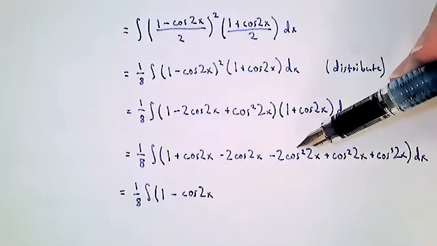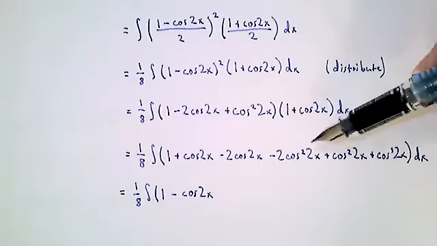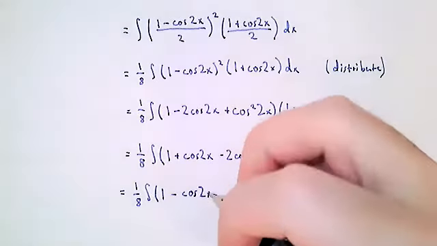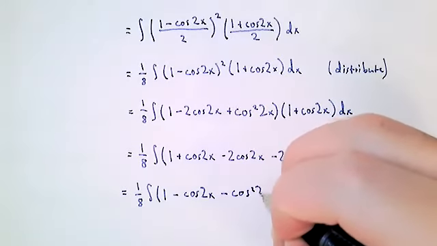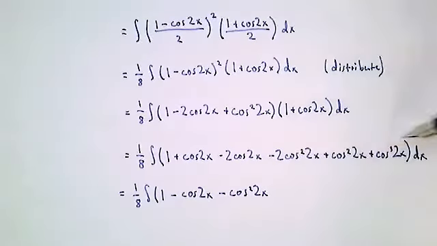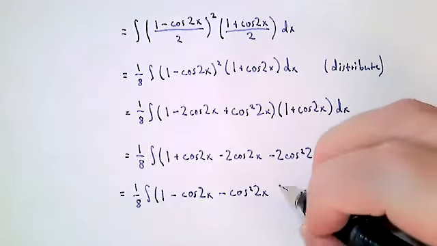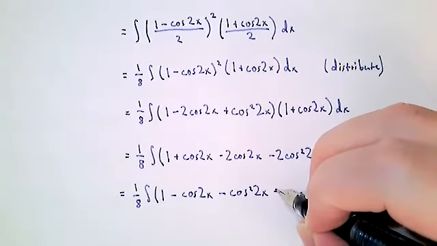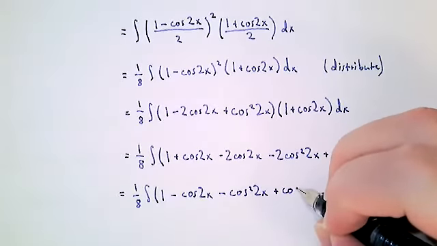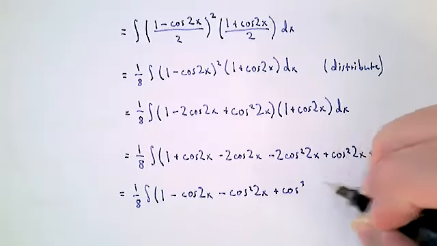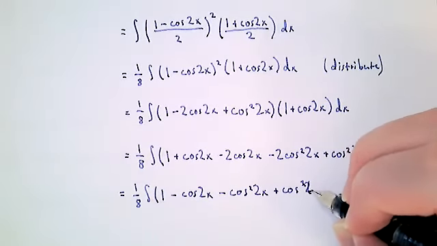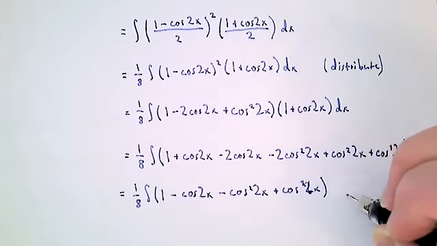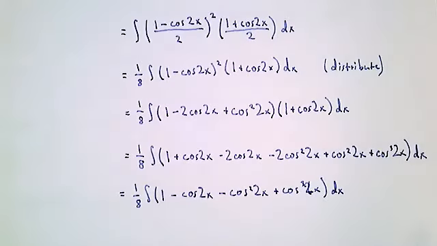And then we have some cosine squareds that we can combine. That'll give us a minus cosine squared of 2x. And then finally, we have a cosine cubed. Okay, any questions so far?